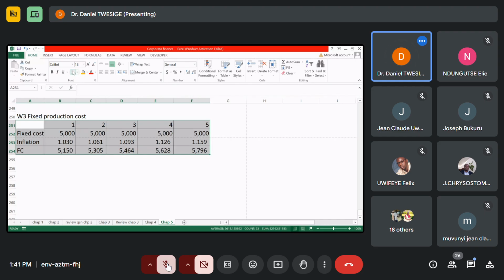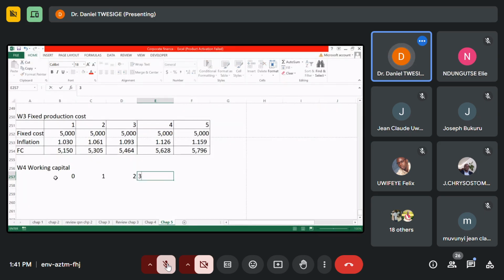Now the next part we are working on is working 4, which is working capital. So we have year 0, year 1, year 2, year 3, year 4, and year 5. That is the working capital we want to look at.